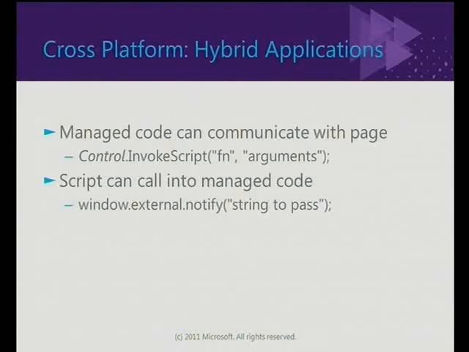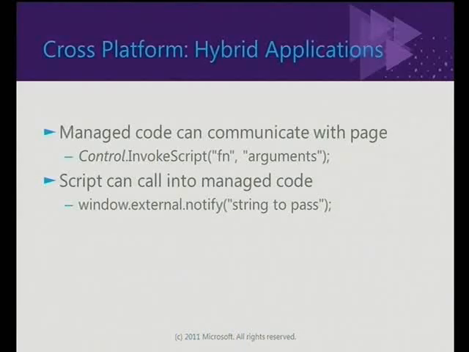When the script's done, or when I need to communicate back out to the application, I can call window.external.notify, which raises an event on the web browser control, and I can pick that up in my managed application. I'm using Windows Phone as an example, but this is true of both iOS and Android as well. You can integrate with the web browser control on those platforms and do a very similar sort of thing.